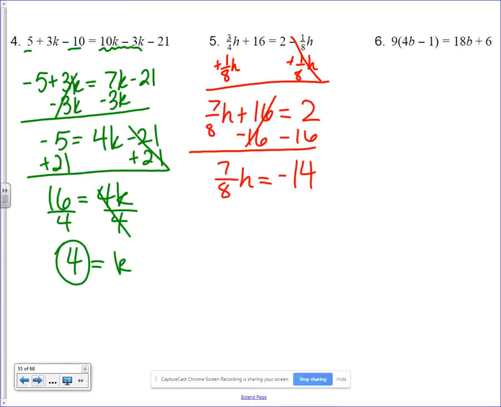Wonderful. And one more step, sir. What's happening between the 7/8 and the h? It's being multiplied. So you're going to divide by what? You got it. You can multiply by 8, then divide by 7.